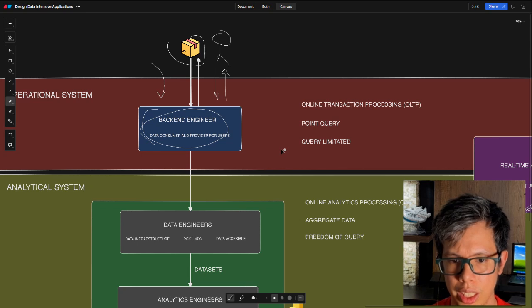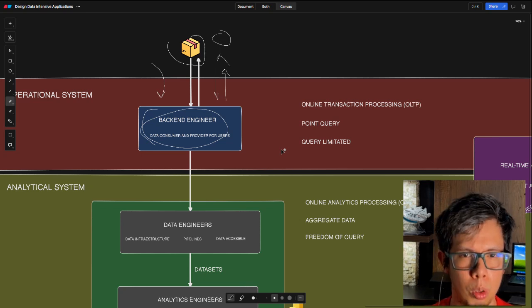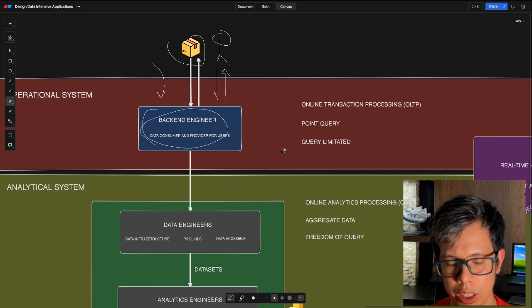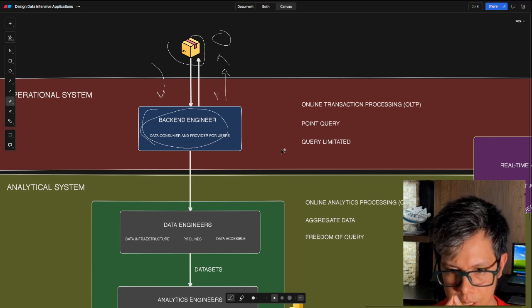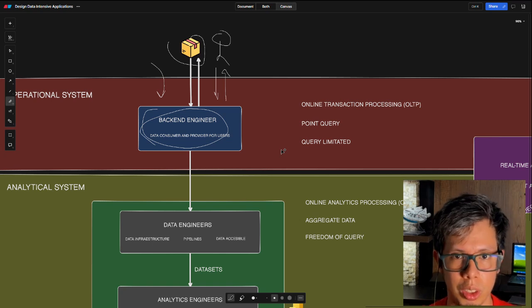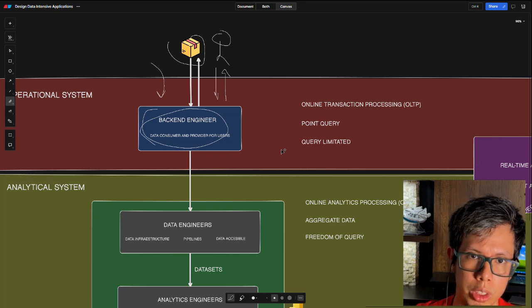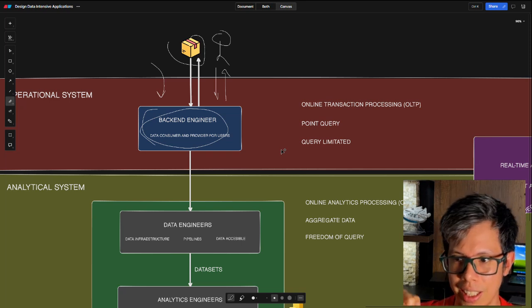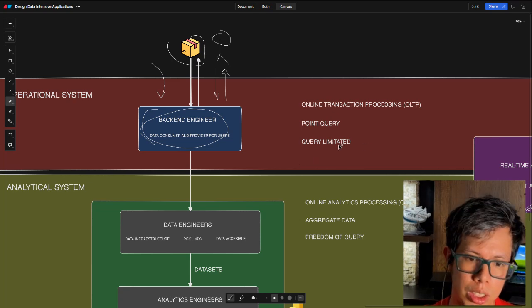The idea is that the user does not have access to compose multiple or heavy queries, because obviously it would generate latency problems and maybe back pressure in your database, and could affect multiple users if a single user is generating a heavy query. So for that reason, the query here is limited by the application or backend engineer.